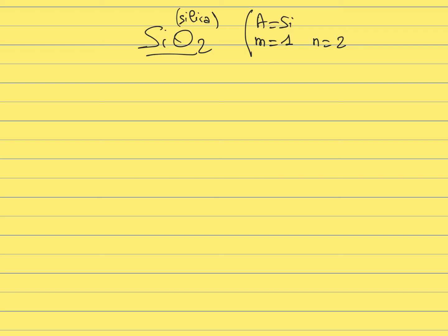Let's check that. The first thing is to look at the coordination number. We know that the coordination number of silicon is 4. Each silicon is connected to 4 oxygen. That's what silica looks like: each silicon forms a tetrahedron like this, connected to 4 oxygen. Based on the formula that we saw last time, we can find the coordination number of the oxygen. There's a relationship between the coordination number of the cation and that of the oxygen.